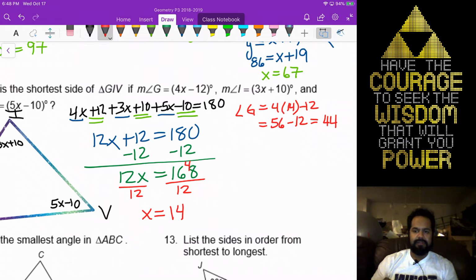So we have 44. Angle I is 3 times 14 plus 10. So then again, that's going to be 42 plus 10. That gives us 52.